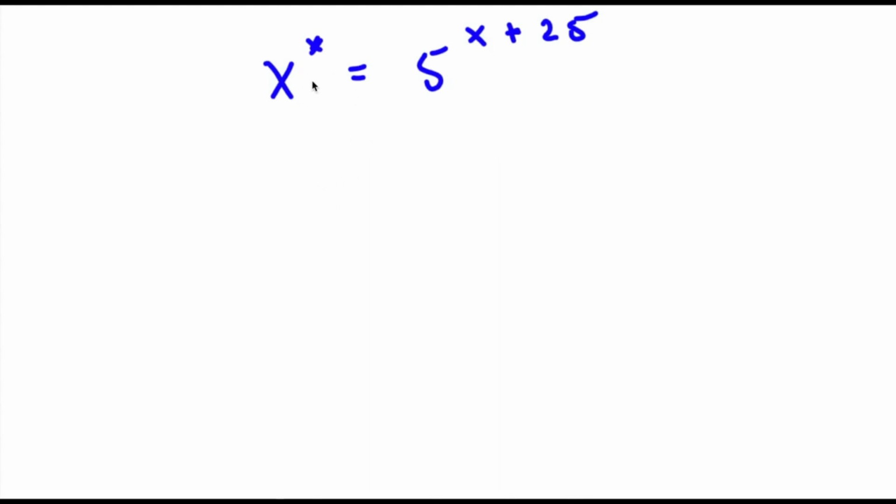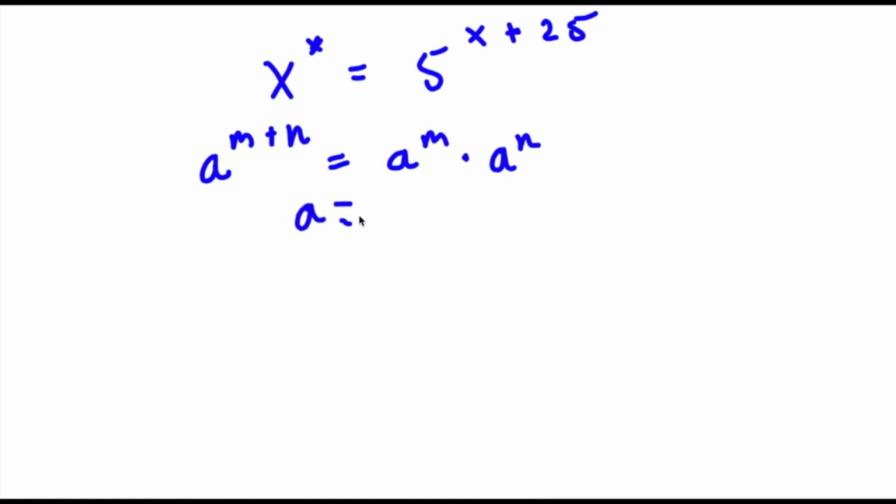Now, the first thing is, if we have something in the form a to the power of m plus n, this is equal to a to the power of m times a to the power of n. So in this case, we have 5 to the power of x plus 25.